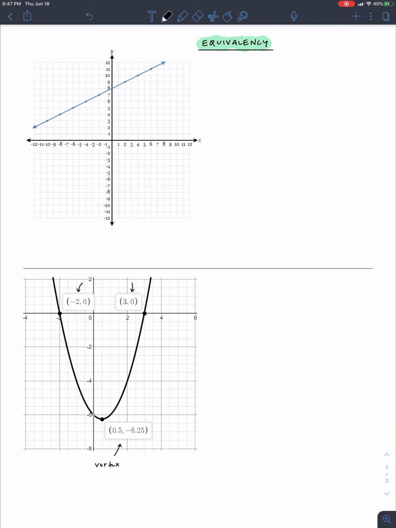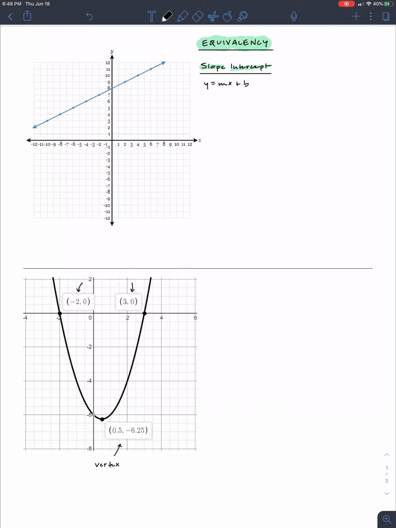So for instance, you all would be able to give me the equation of this line in slope-intercept form. And I'm sorry for my handwriting being kind of terrible there, but slope-intercept form says I just need the slope of a line and the intercept, and that gives me an equation of a line, y equals mx plus b.